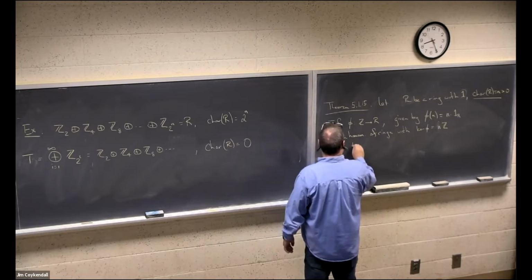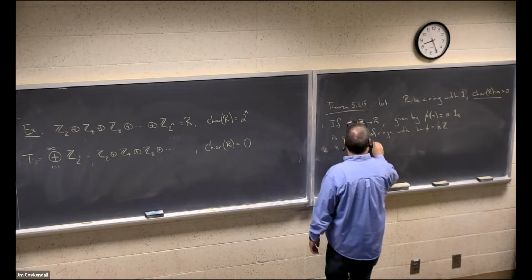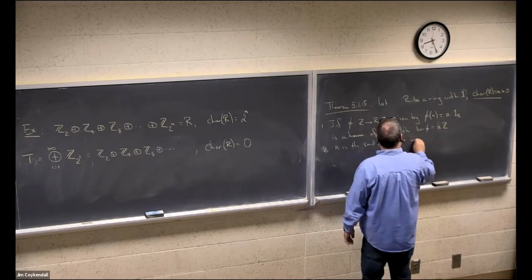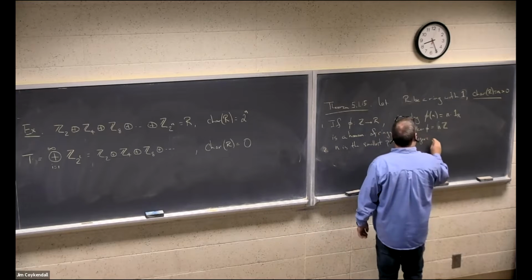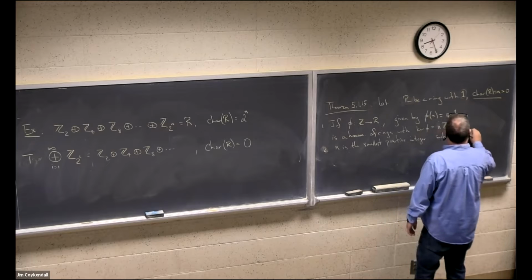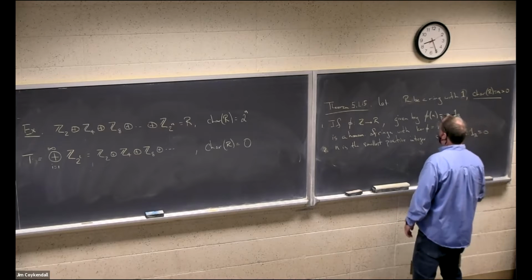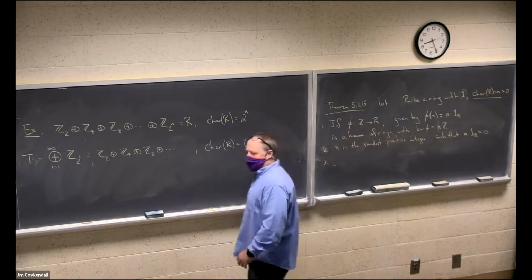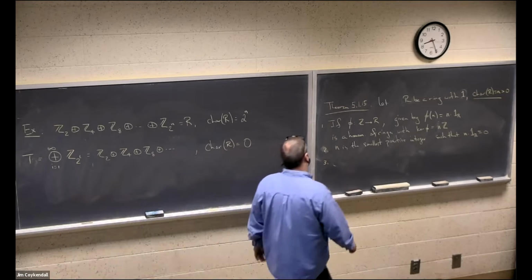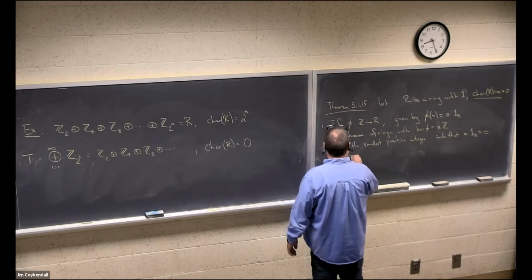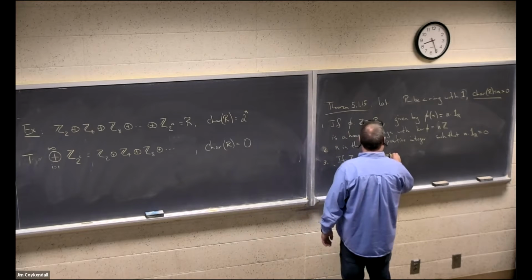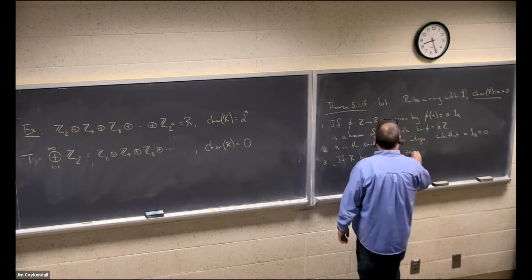n is the smallest positive integer such that n times 1_R is 0, and if R has no non-zero zero divisors.